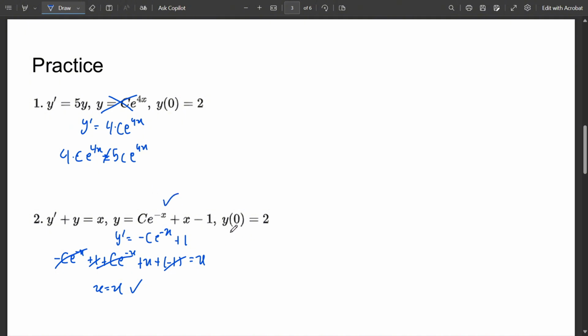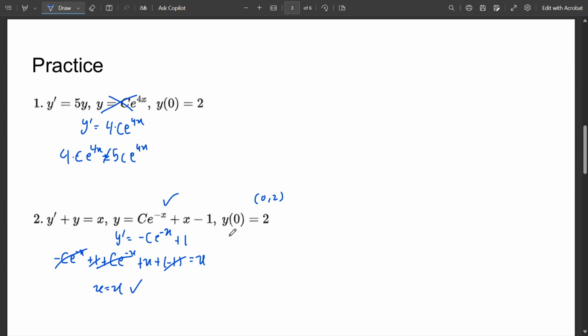We're given an initial value equal to 2. So this is talking about given a point, like we're given the point 0 comma 2, and on that point, what is the particular solution. So if we substitute this and find c, we will find the particular solution at this given point.